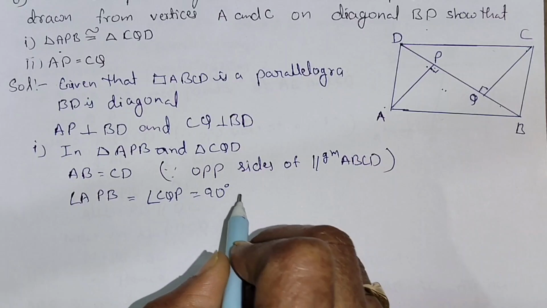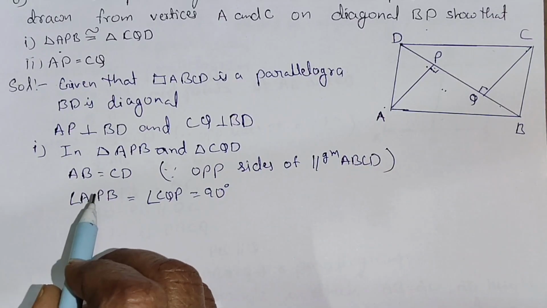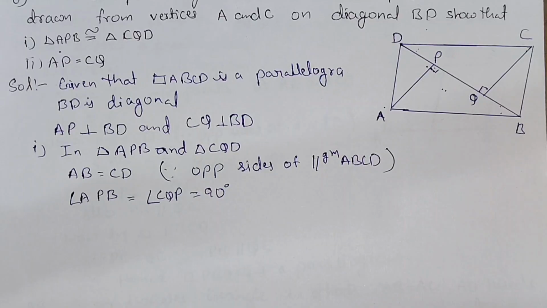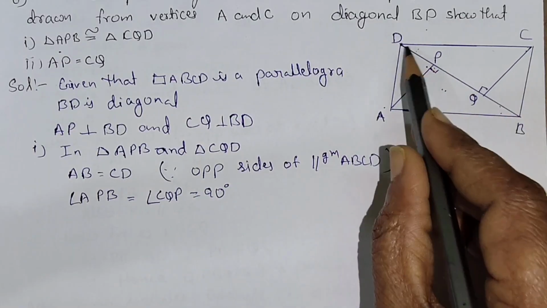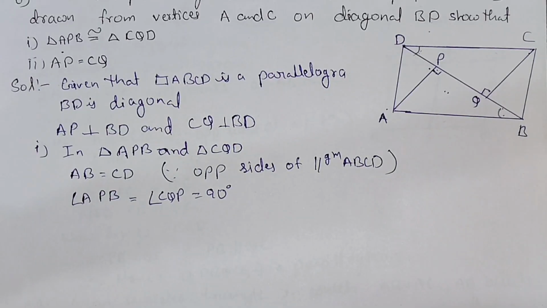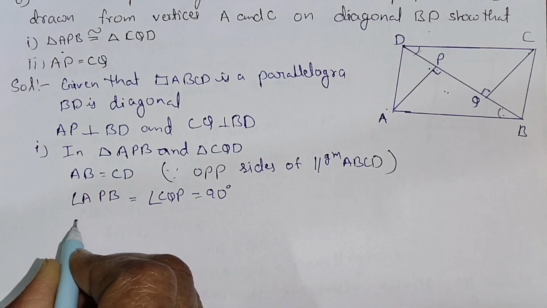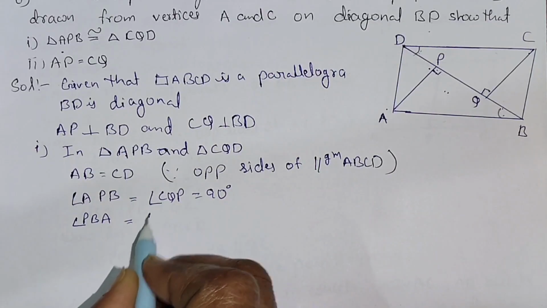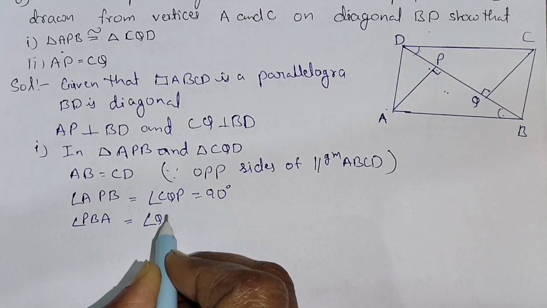Now next, this angle and this angle are equal. AB and DC are the parallel sides of the parallelogram, so these two angles are equal. We write angle PBA is equal to angle QDC.